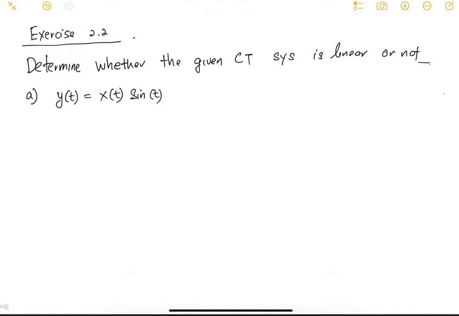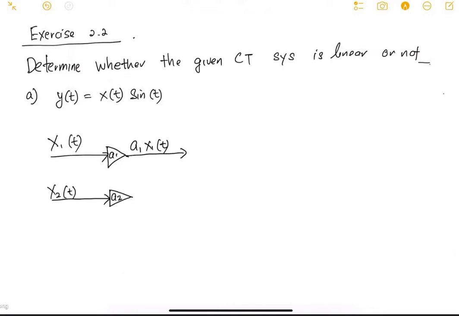First of all, let's draw the diagram. You have the input x1(t) and you insert it into the constant a1, and the output is a1 x1(t). Then you have another input x2(t), you insert it into a constant a2, so the output is a2 x2(t).